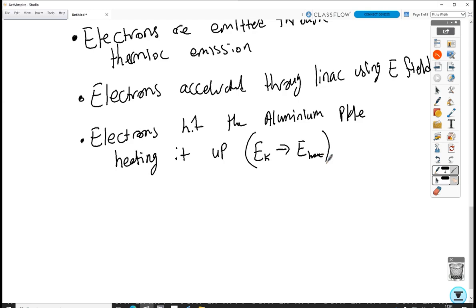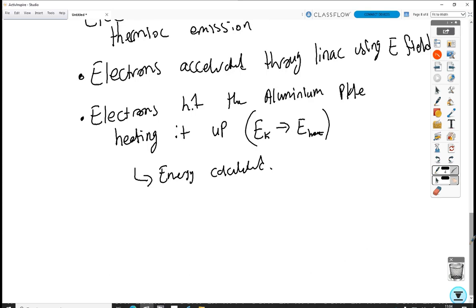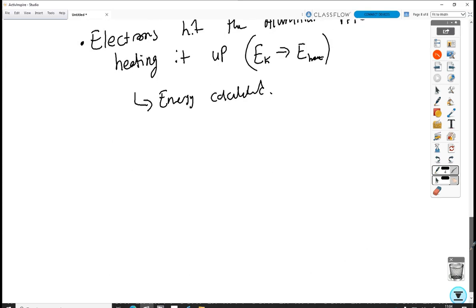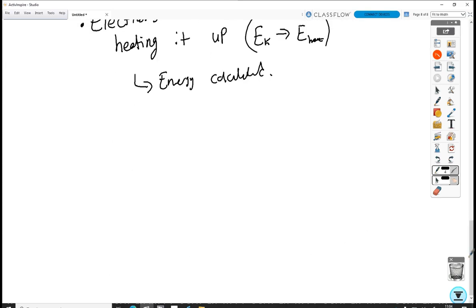So the energy is calculated because you can calculate heat. And then the electron pulse flight time can be measured using the oscilloscope.